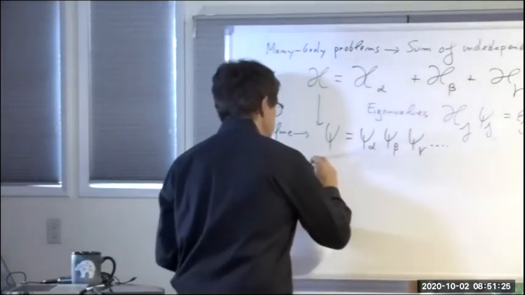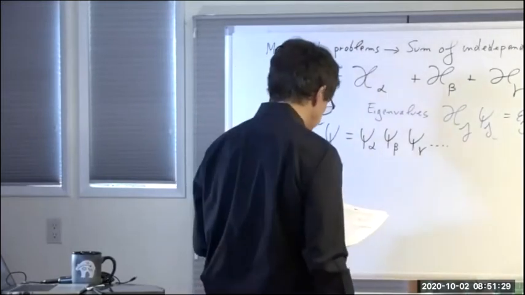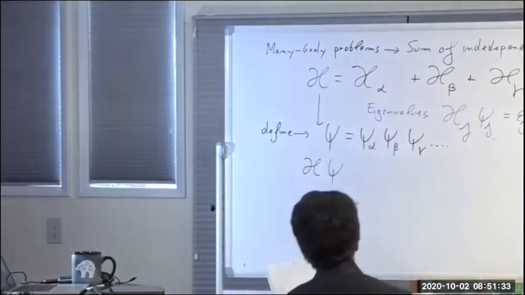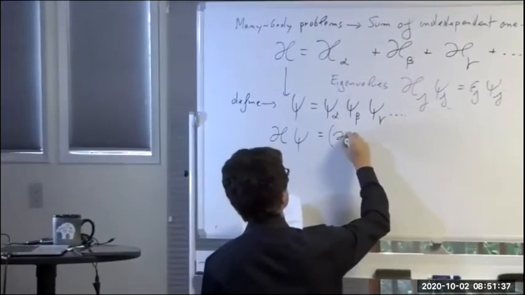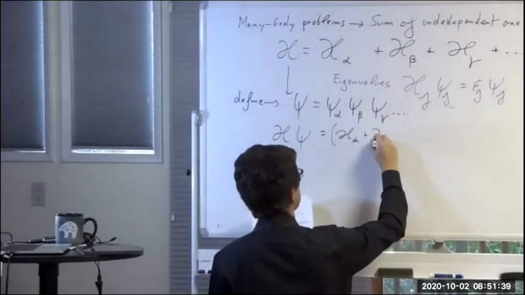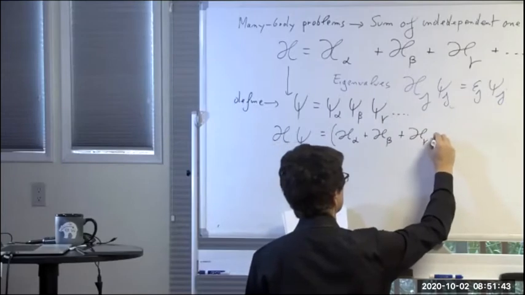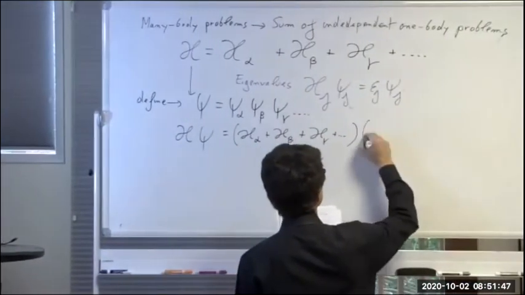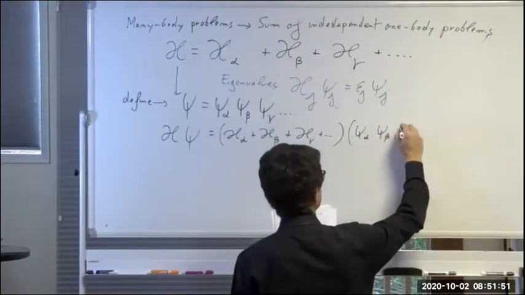The reason is that if I operate the Hamiltonian on psi, that means I operate H alpha plus H beta plus H gamma on the product wave function, psi alpha, psi beta, psi gamma.